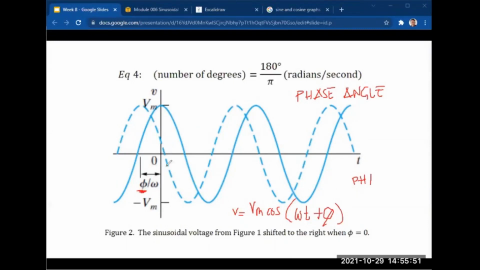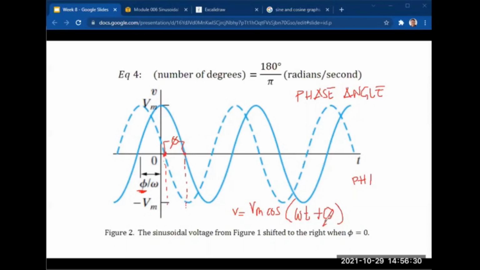As you can see here, supposedly the zero voltage should be in here, but because the angle is shifted, usually because of the capacitance and the inductance, we find our 0 degree here, and that shift is the phase angle, or phi.